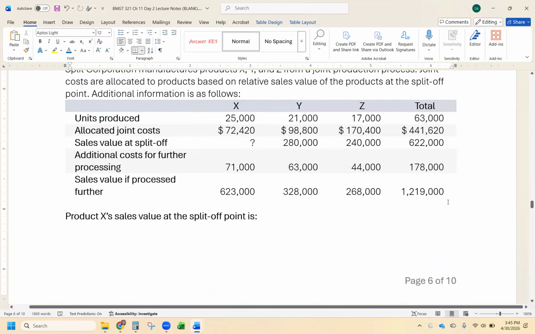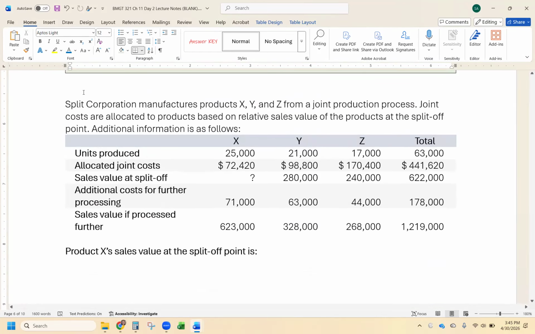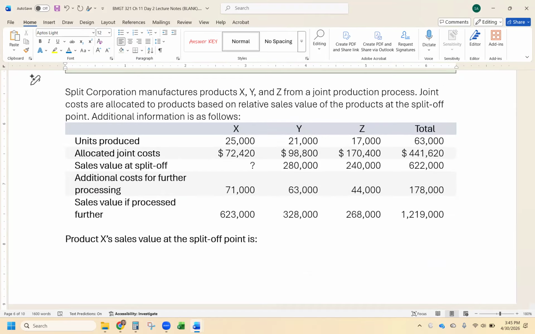Here is our first example. Split corporation manufactures products X, Y, and Z from a joint production process. Joint costs are allocated to products based on relative sales values of the products at the split off point, which is a statement that would have mattered to us in chapter 6.